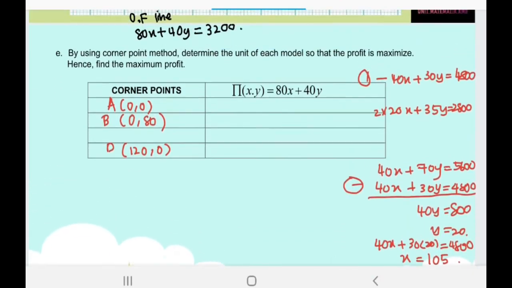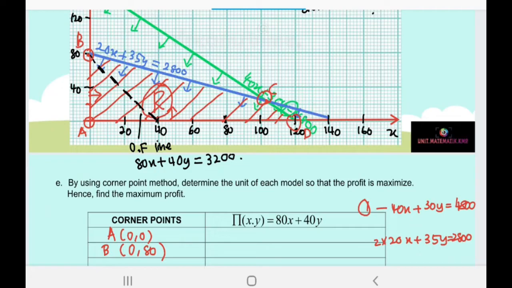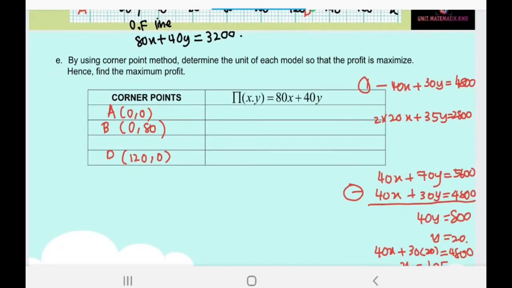Okay, especially when you use a very big scale. Okay, so we know that C equals 105 and also 20. Okay, so this is the point C.